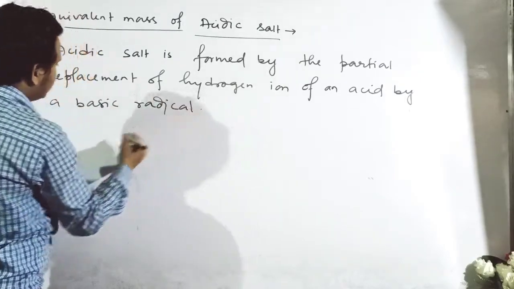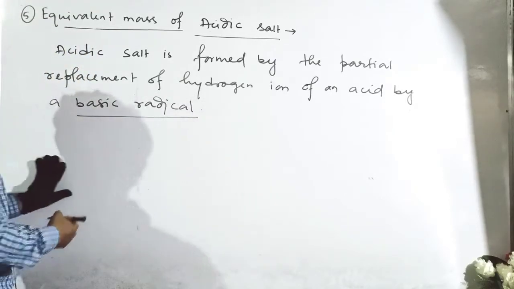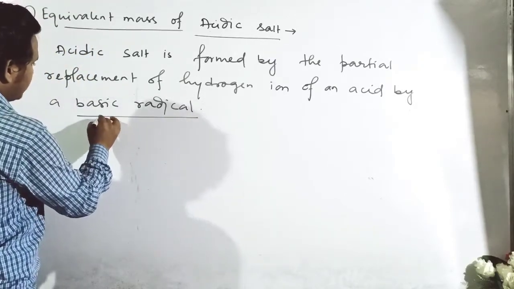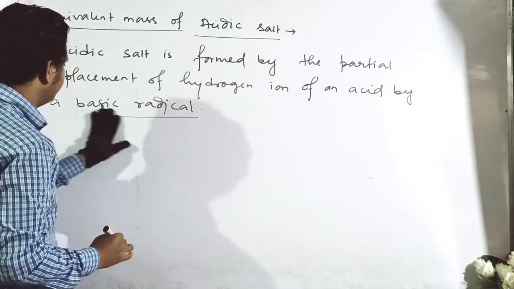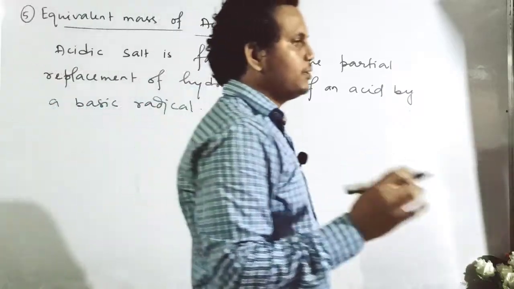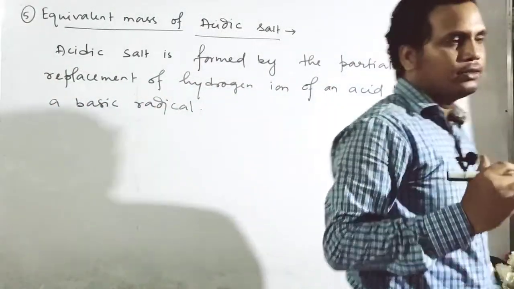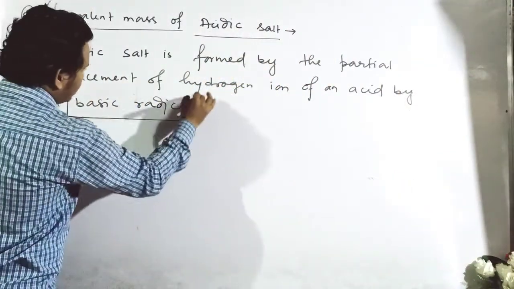What is basic radical? Basic radical means positive ion. Yes. Basic radical means positive ion.